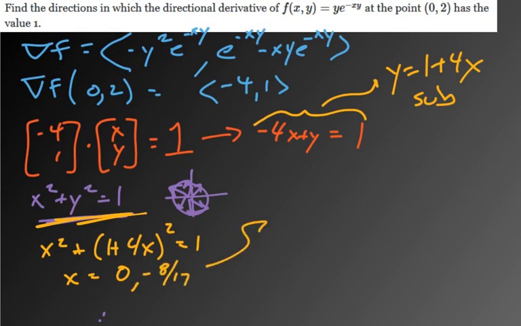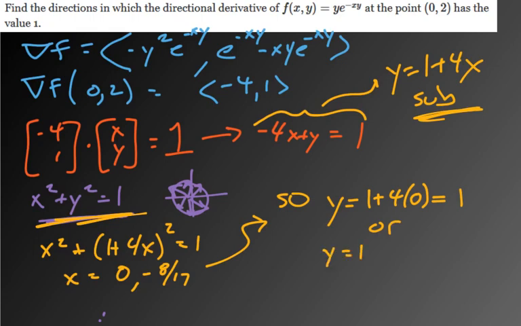Then if you plug into this up here, y equals 1 plus 4 times 0, which equals 1, or y equals 1 plus 4 times negative 8/17, which equals negative 15/17. So you basically get these 2 directions.